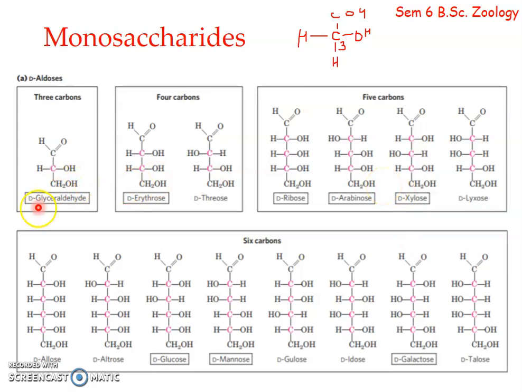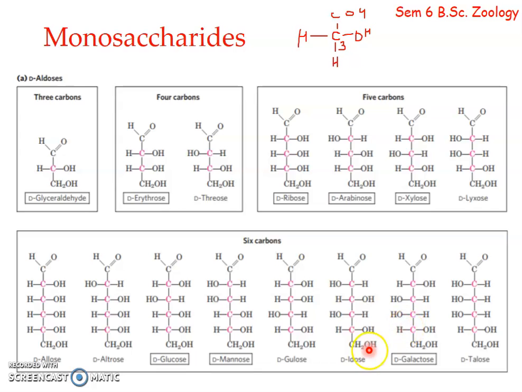Secondly, if you see, all these are named as D forms: D-glyceraldehyde, D-erythrose, D-ribose, D-glucose. Why is it so? It is based upon the position of the hydroxyl group on the asymmetric carbon which is farthest from the oxidized carbon, which we have already learned in the previous presentation.